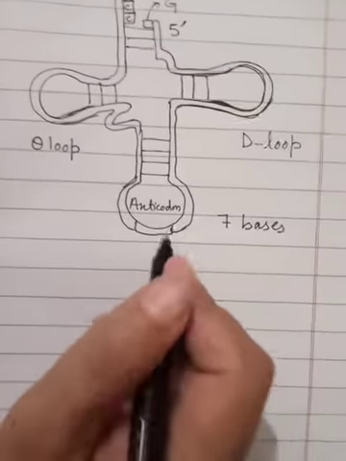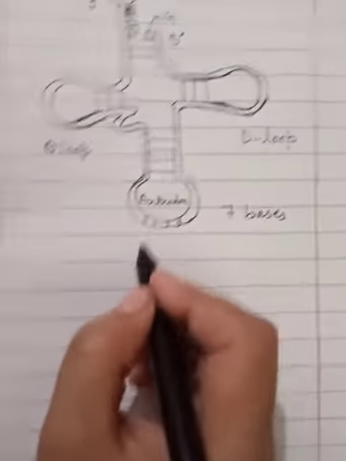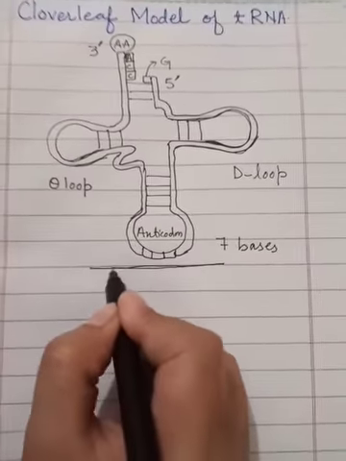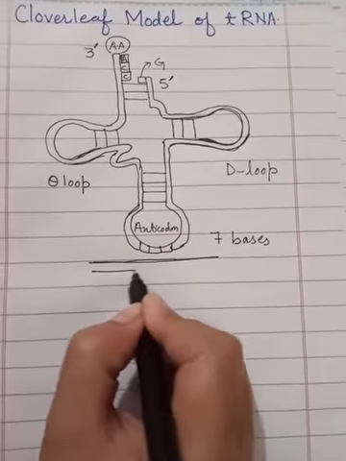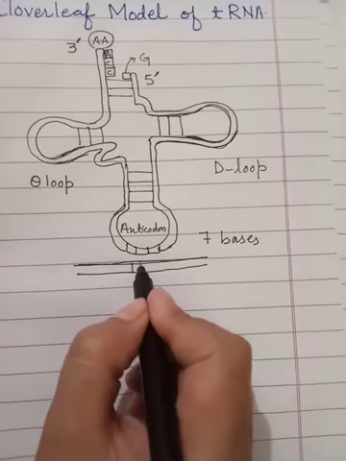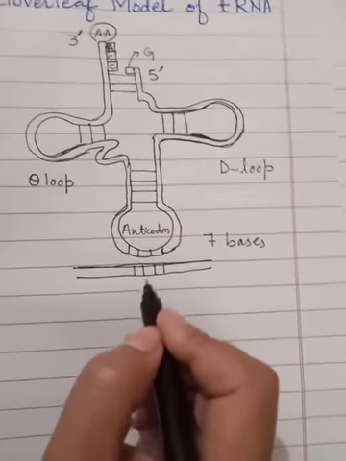or 7 nucleotides are there, and the middle 3 make an anticodon. Always this anticodon present on the transfer RNA is anti to the codon present on the exposed strand of the messenger RNA. That's why it is called what?